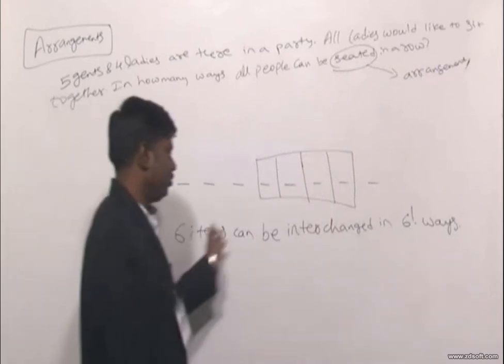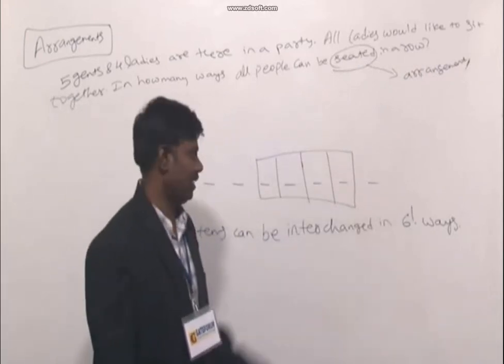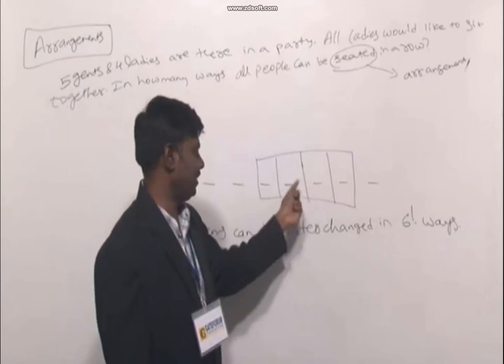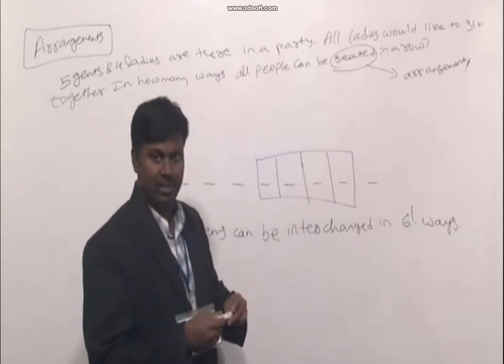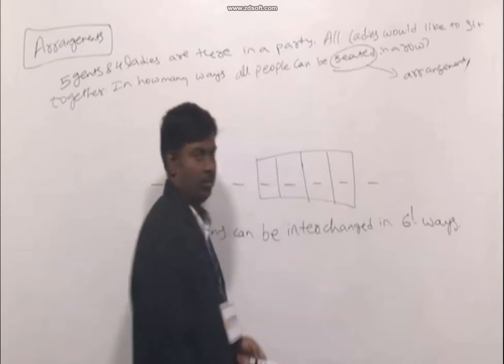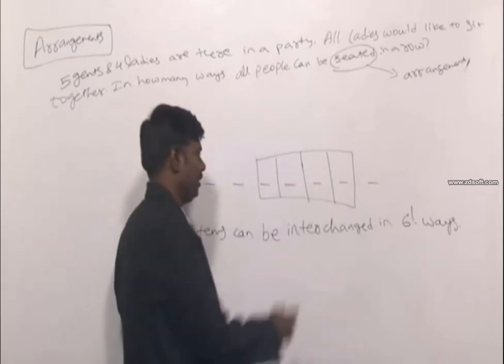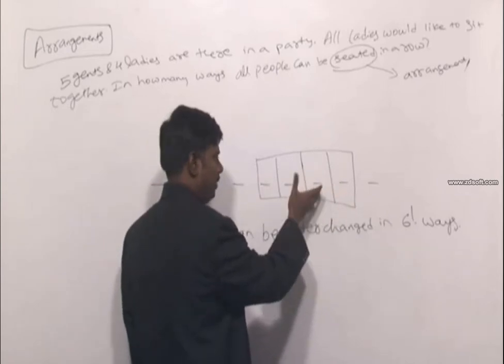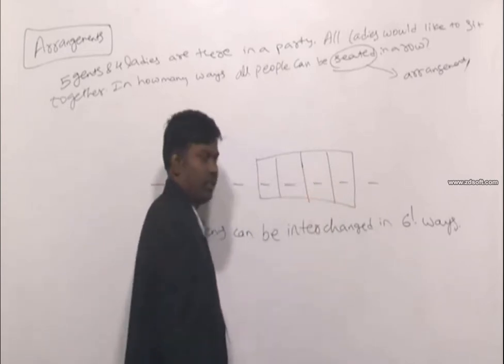Also, in each of those 6 interchanges, I have not interchanged these chairs, right? I considered it as a sofa. That means I cannot plug this and put here. But then what I can consider is, ladies are sitting together, but they can interchange, they can shuffle their positions, right?